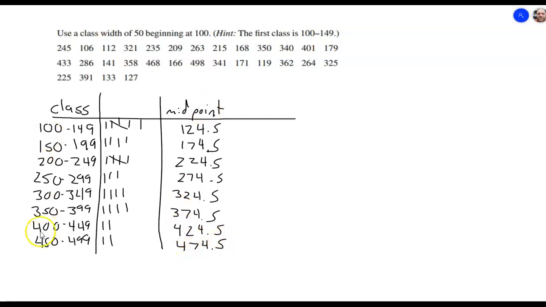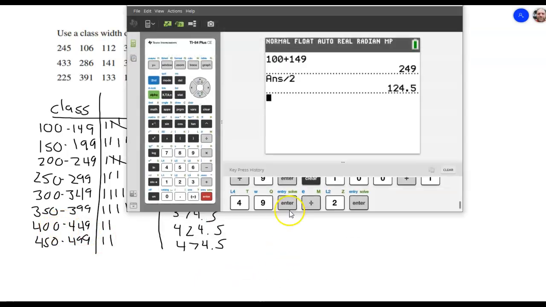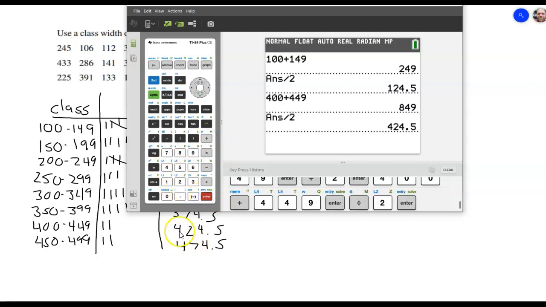So these are all the midpoints of these classes. For example, if you did 400 plus 449, and then divide by 2, you get that 424.5.